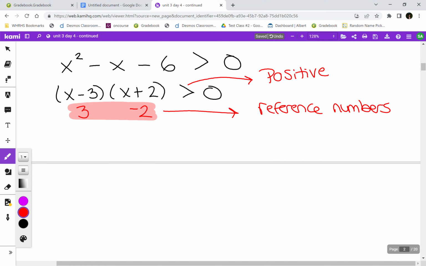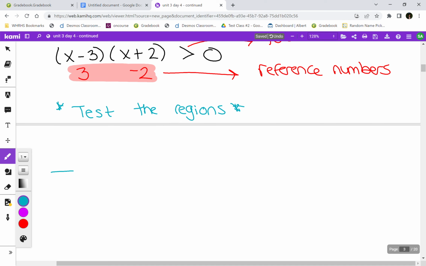So now what we're going to do is something called testing our regions. The way we test our regions is we're going to use those reference numbers. I'm going to take the smallest reference number.